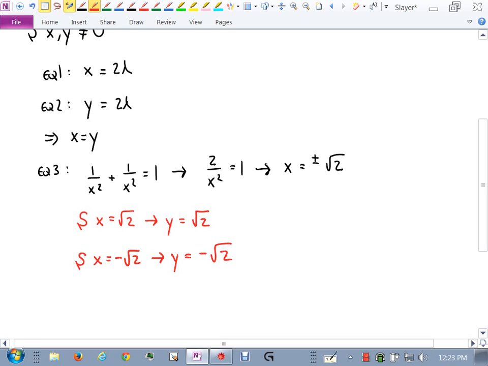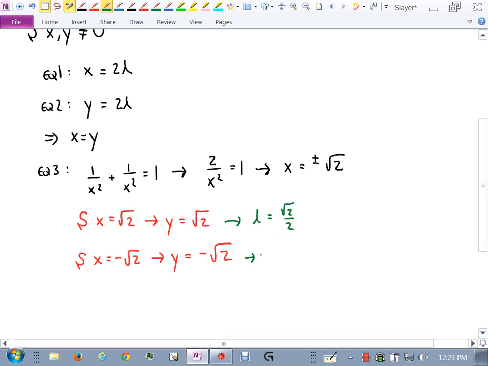Do we have lambdas for each of these? I should have got them, but I have a habit that if I don't need lambda, I'm not going to go get it. But could I have gotten lambda from this right here? Yeah, because x is 2 lambda, so if I want to know what lambda is, I just divide x by 2. So lambda here would be root 2 over 2.